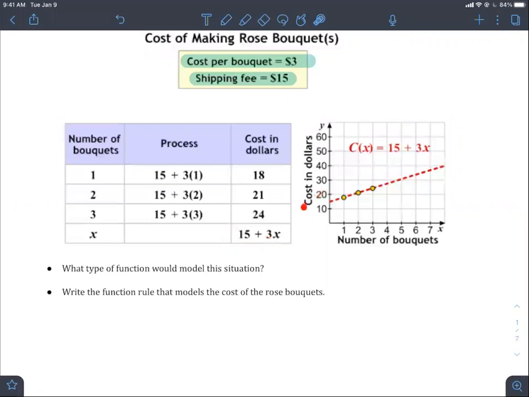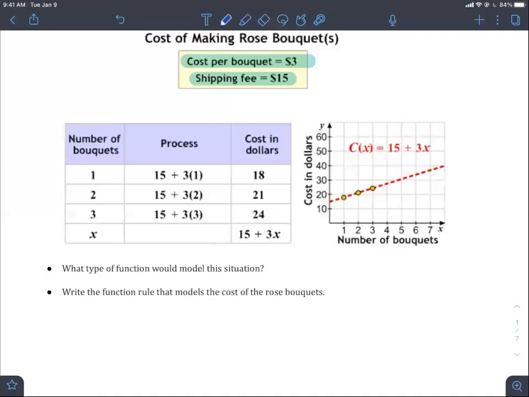And if we look at this line right here, we can see that the cost that they are investing into this project increases by $3 every additional bouquet, with the initial $15 shipping cost being our initial investment.